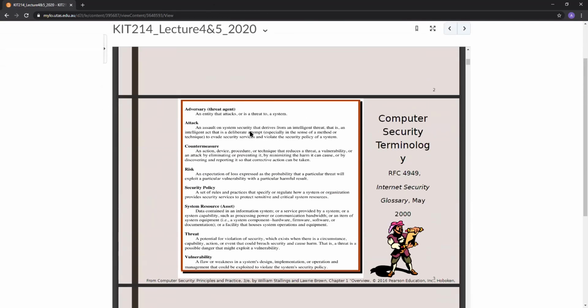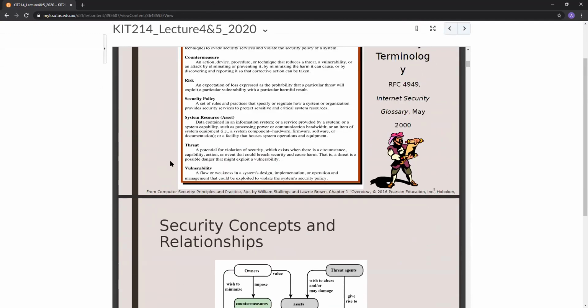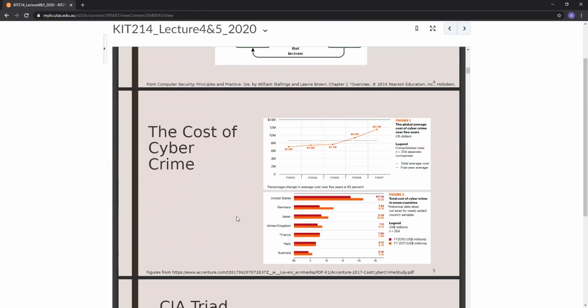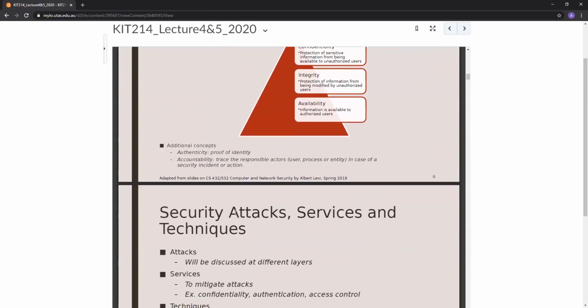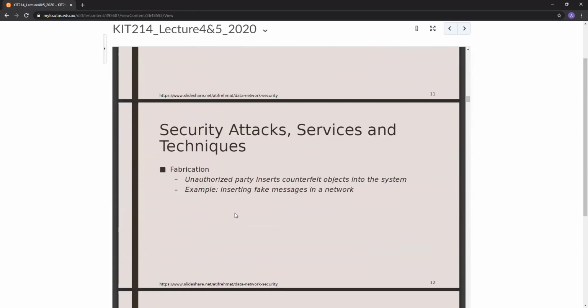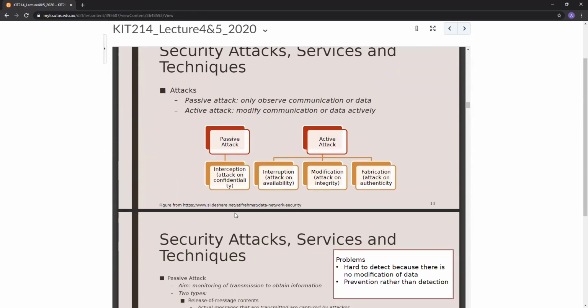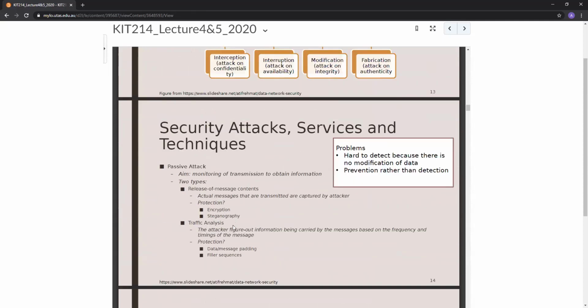Yeah, you could have questions regarding these terminologies in the short answer areas, like the first part, maybe fill in the blanks or something like that. And then there is the general conceptual stuff. Again, everything after this is quite conceptual. You just draw and write regarding the security attack services, techniques, and all those things.